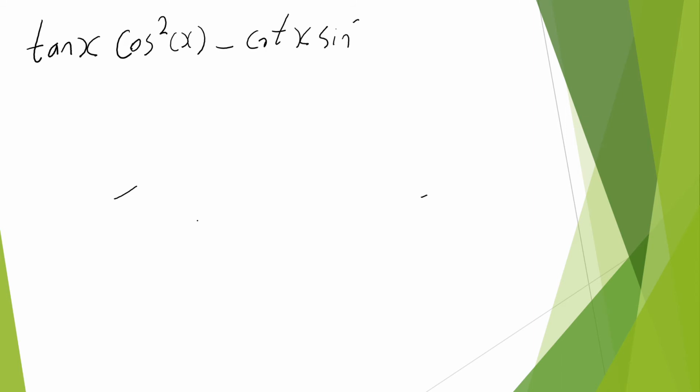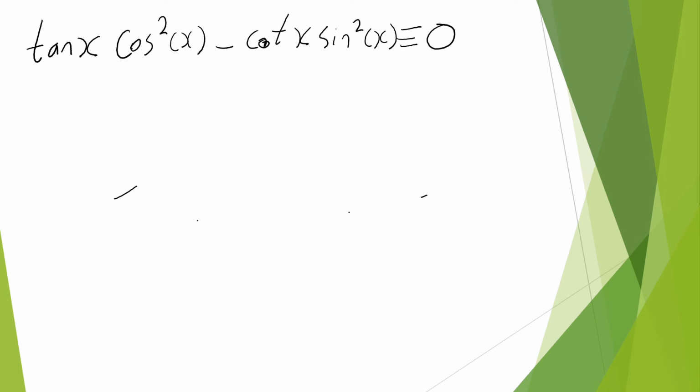Now the example we're going to work on. Say you've got this identity: tan x cosine square x minus cot x sine square x equals 0. You want to prove that identity.